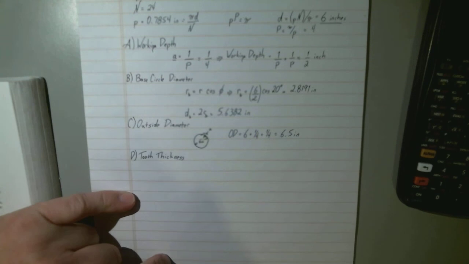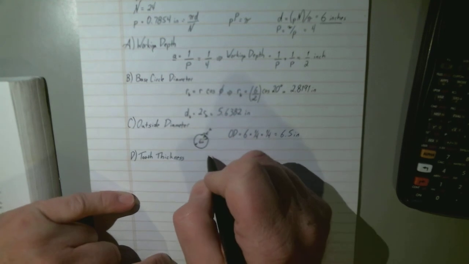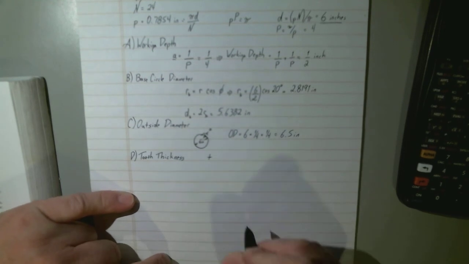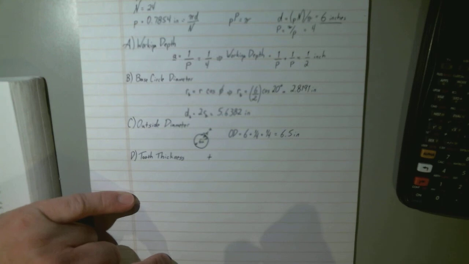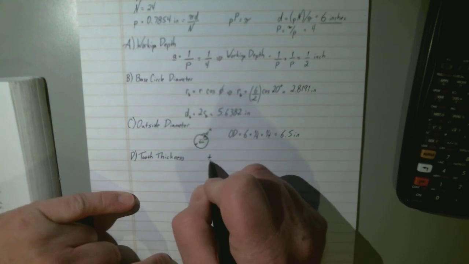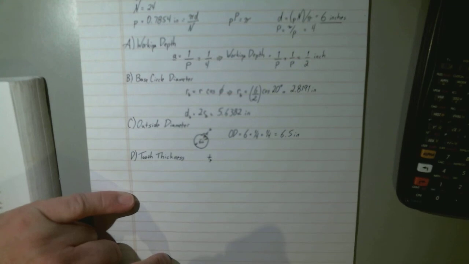But I do want to note, and this is fairly important, that the tooth thickness is very easy to get at one point on the tooth, and that is the thickness at the pitch circle. You recall, the circular pitch is the distance from the point on one tooth to the point on the corresponding tooth along the pitch circle.